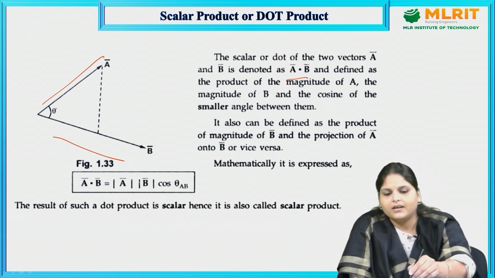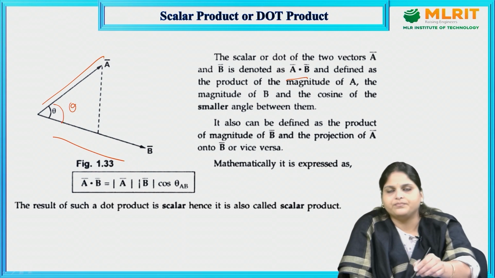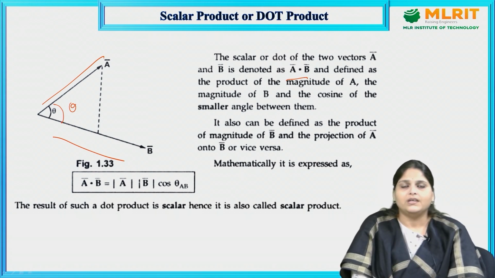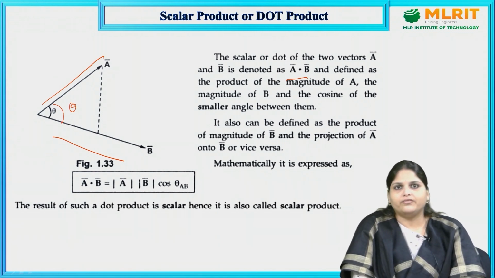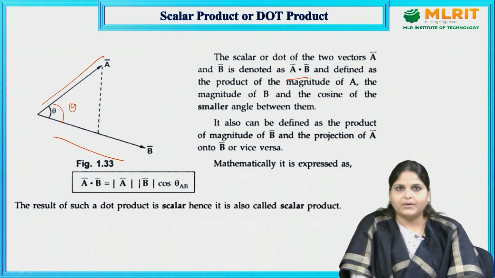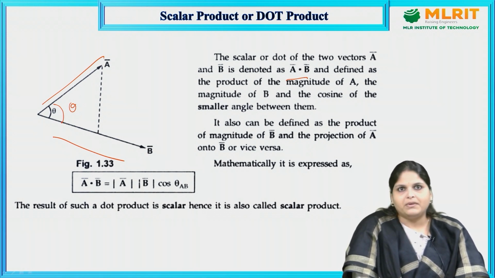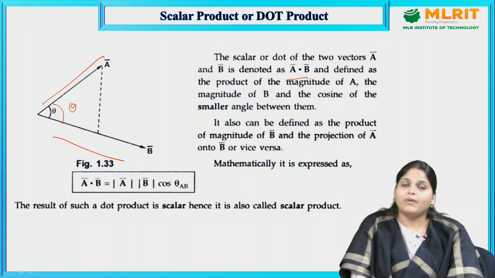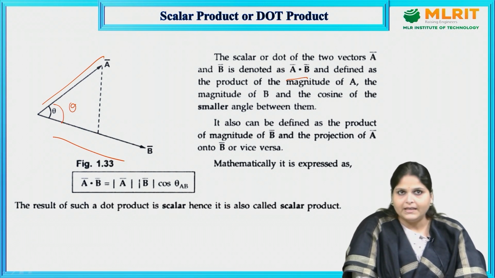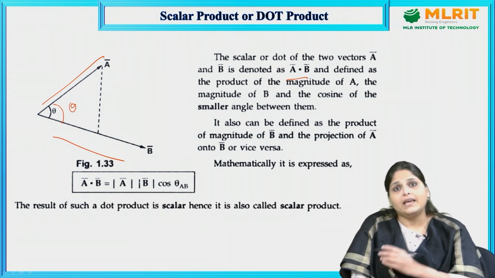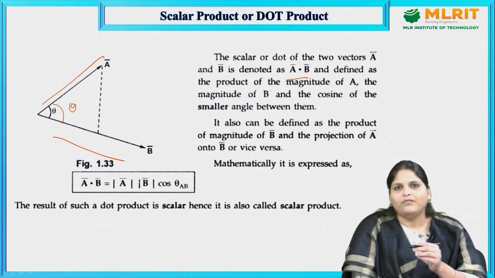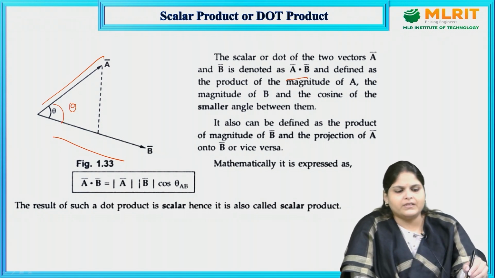The small angle about which we are talking is this one, theta, right? It can also be defined as the product of the magnitude of vector B and the projection of A onto vector B, or it can be vice versa also.